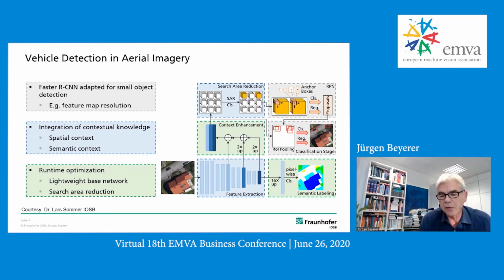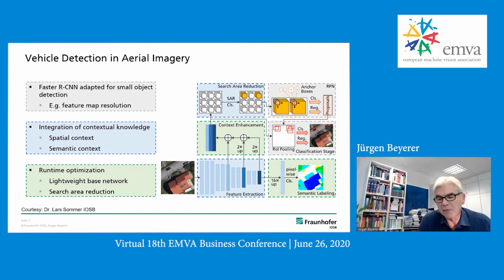I'm not sure whether you can see my mouse here. Yeah, we sample up deeper layers inside the feature extraction, and then use regions also around the vehicles that we learn in order to produce better classification results. Additionally, we integrate semantic context through semantic labeling.